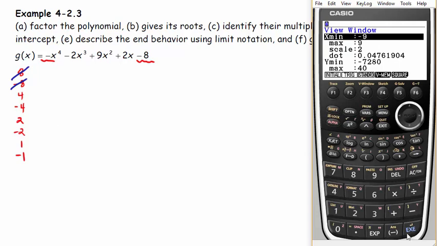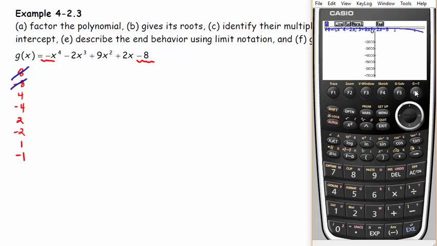So I'm going to set my window negative 5 to 5 to make sure we get those in there, and do another zoom auto. Okay, this is looking better. It looks like -4 might be one. I can't exactly see what's going on here, but I can definitely eliminate +4.